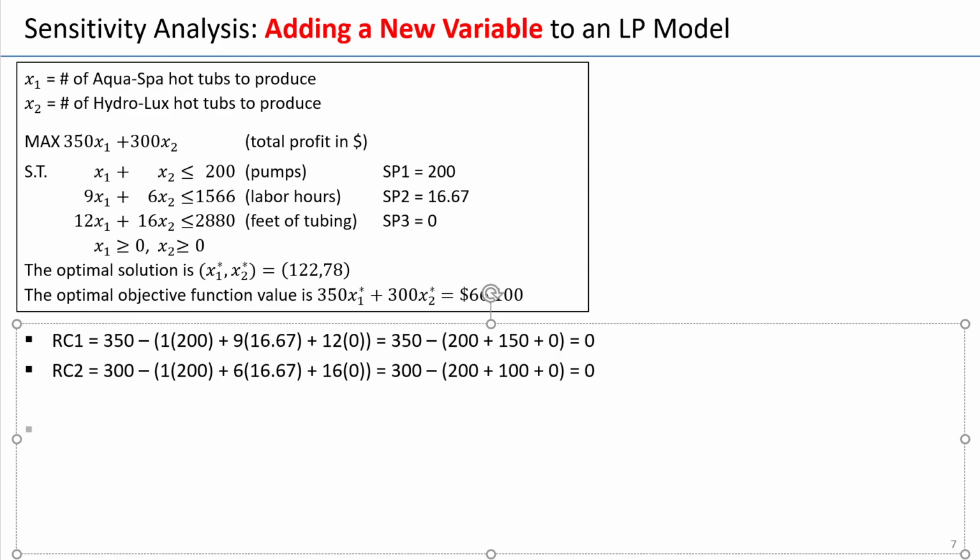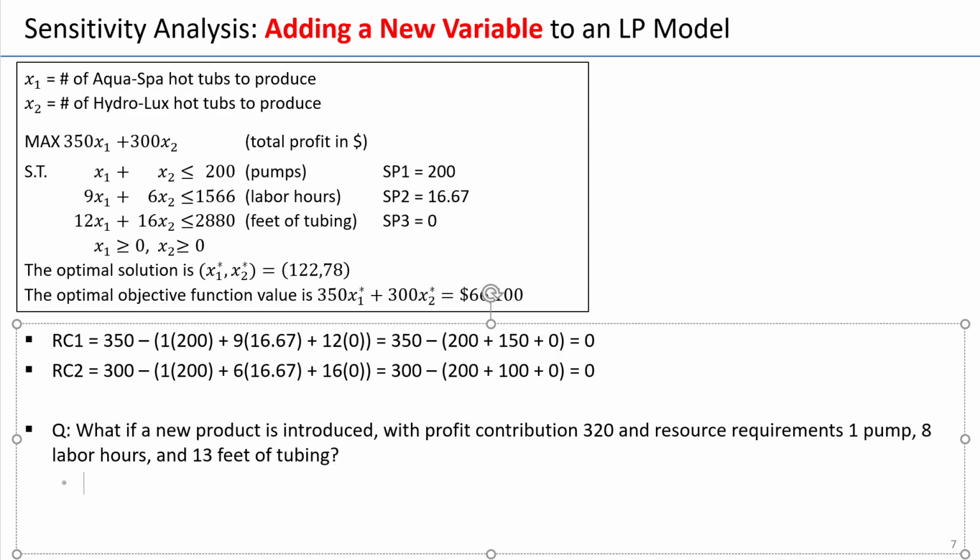So now the question that we want to consider: what if a new product is introduced, and this new product has profit contribution 320, right? And resource consumptions are 1 pump for every unit of this new product, 8 labor hours, and 13 feet of tubing, right?